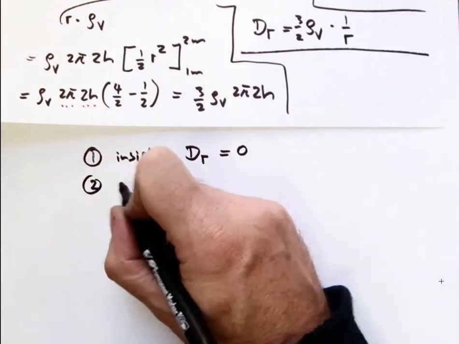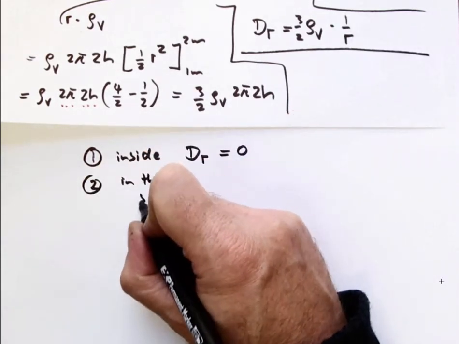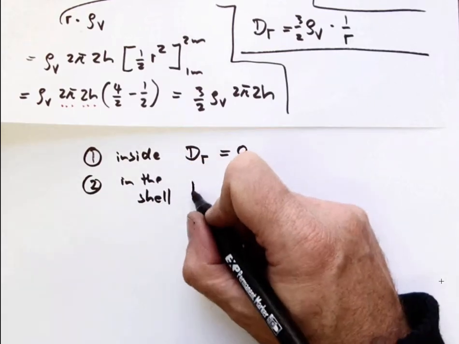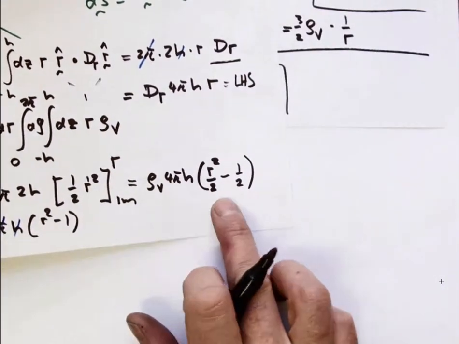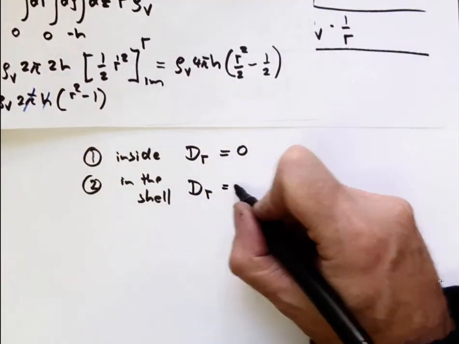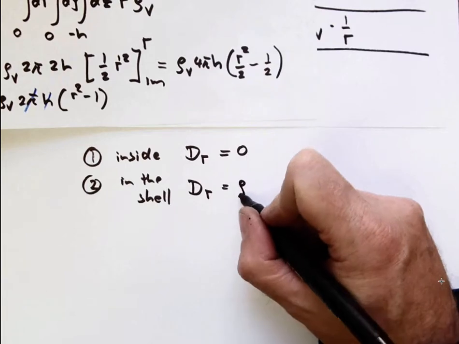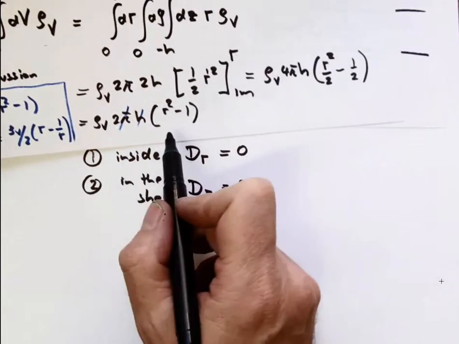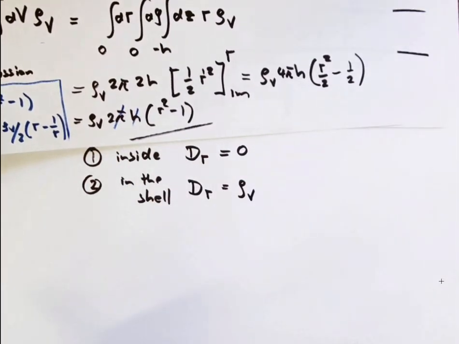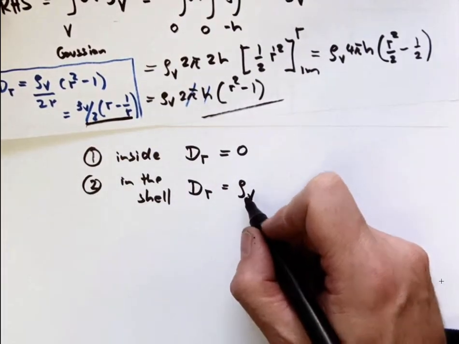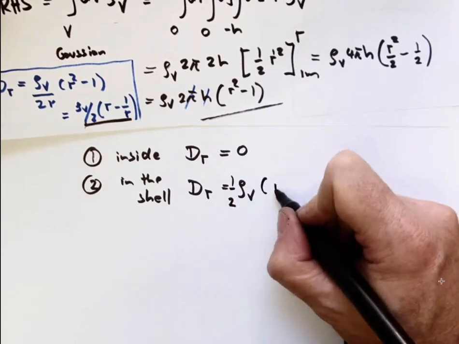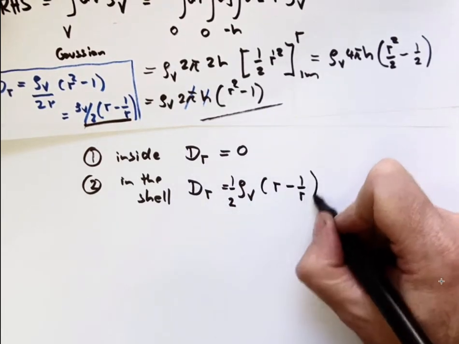In region 2, in the shell, we have Dr is equal to that result we calculated: 1/2 rho v times r minus 1 on r.